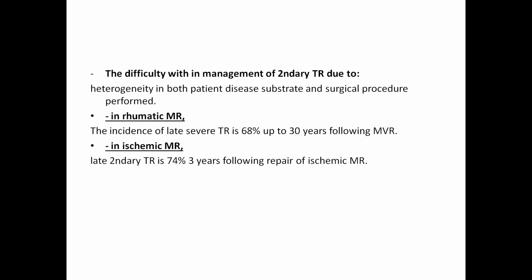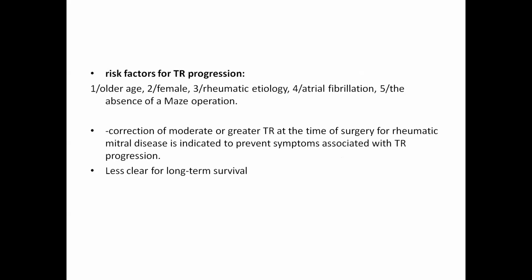For ischemic MR, late secondary tricuspid regurgitation is 74% in 3 years follow-up of repair of ischemic mitral regurgitation. And there are risk factors for tricuspid regurgitation progression. The first is elderly and female gender, and also rheumatic etiology, atrial fibrillation, and the absence of a major procedure.